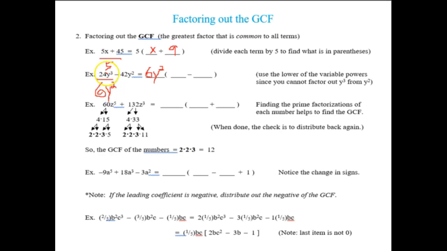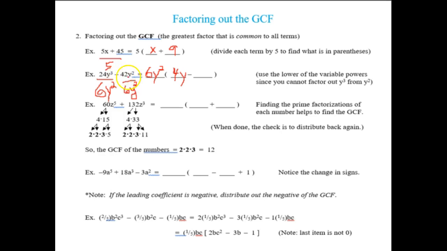So 24y to the third divided by 6y squared: 24 divided by 6 is just 4, so I'll write down 4. And if I divide y to the third by 2 y's, 2 of those y's cancel and you're left with 1 y. So we have 4y, and in the second case we're going to divide by 6y squared also.